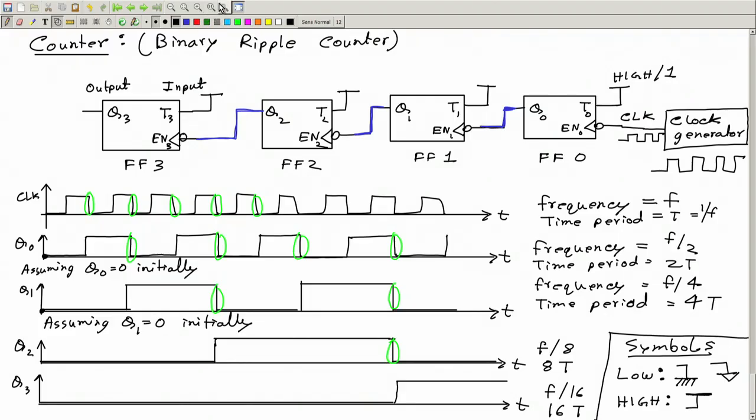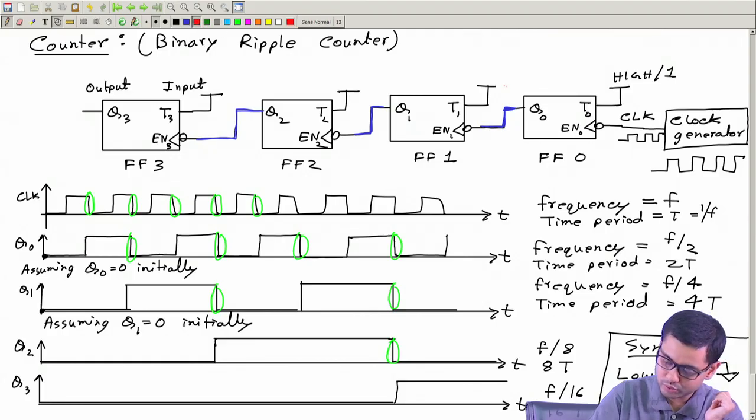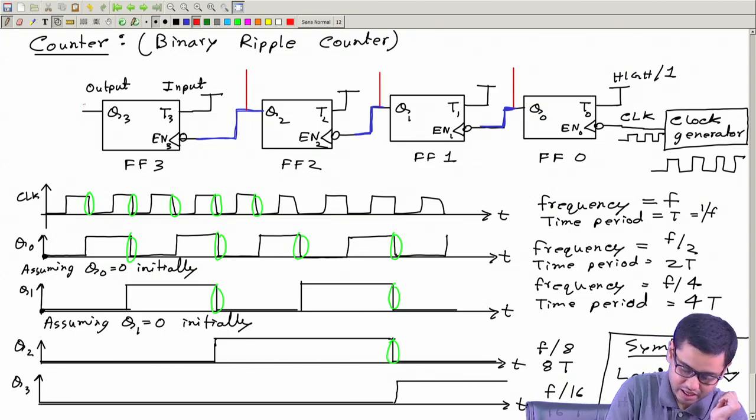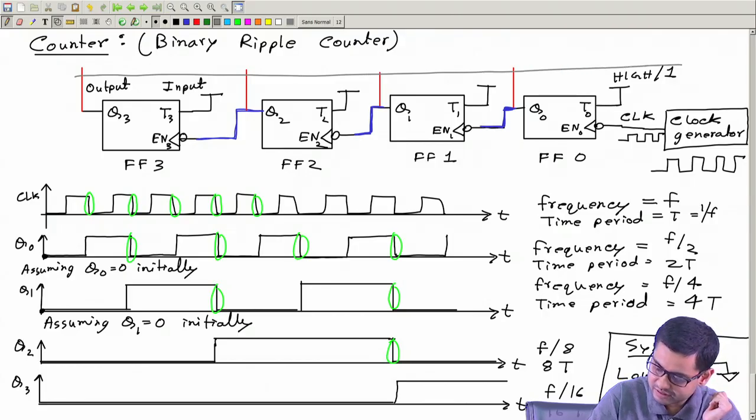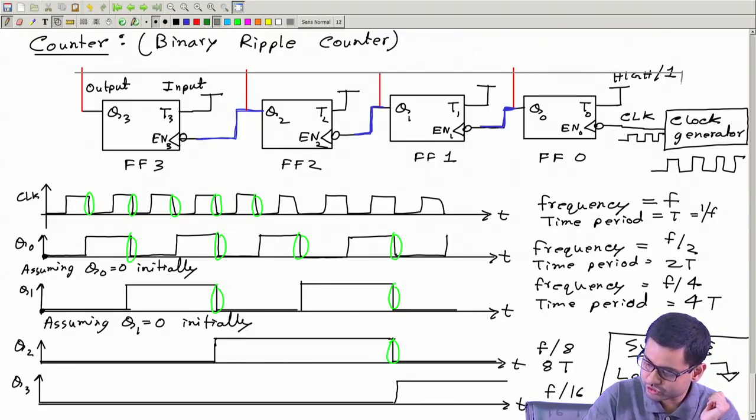Now let me take these Q0, 1, 2, 3 as outputs, and let me seal everything inside a box.